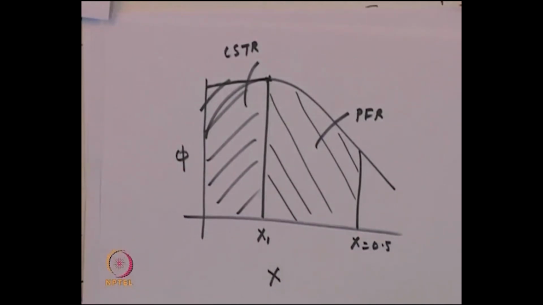So, what we have tried to say in this exercise is that when we have a reactor or process development problem, frequently this procedure would be extremely valuable, because you can construct a stirred tank and therefore, construct this curve phi versus x, even if it is a very complicated reaction. Okay.